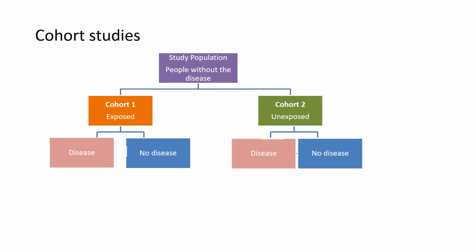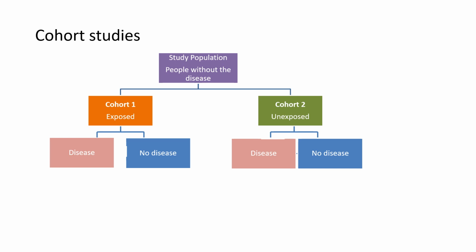We are going to talk specifically about the study designs. So if you remember, we said that a cohort study is a kind of analytical observational study. So in a cohort study, you are first trying to identify an exposure.